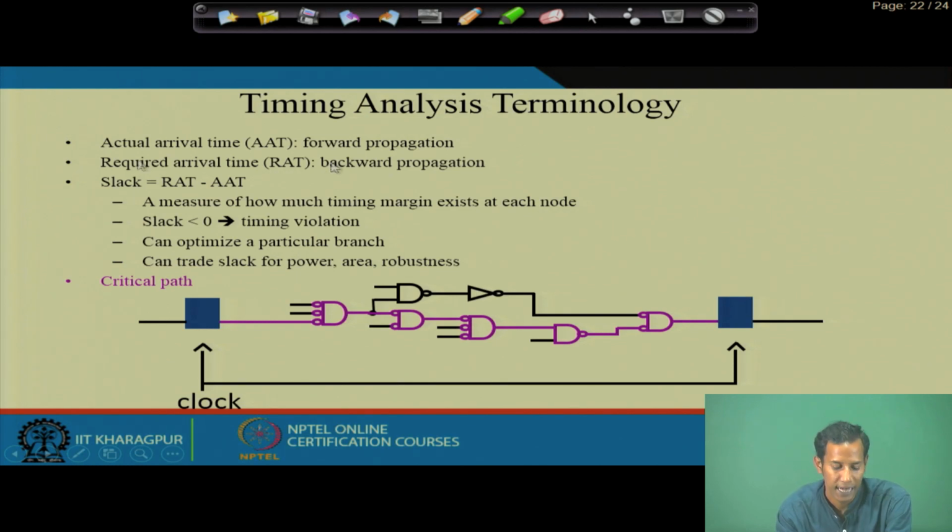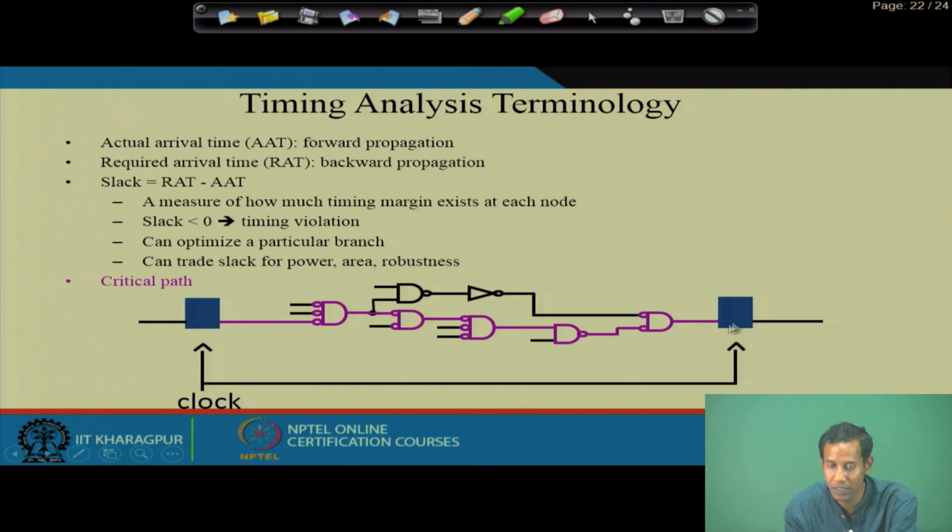Okay. And for the actual arrival time, let us say the required is 2 and the actual arrival time is 2.1. That means when this particular hardware actually runs, it fails to meet the required arrival time, which is just a calculated value.